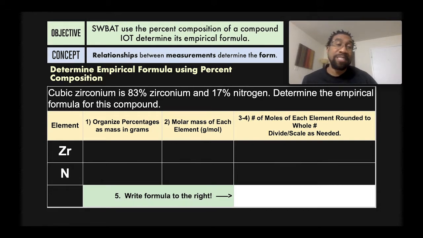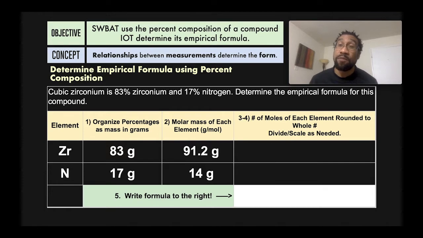Okay, so let's go ahead and put those numbers in. We got 83% and 17%, so that takes us to 83 grams and 17 grams. Next, we go to that periodic table, that faithful periodic table, and we find the molar mass of zirconium and nitrogen. Those numbers shall be 91.2 grams and 14 grams.